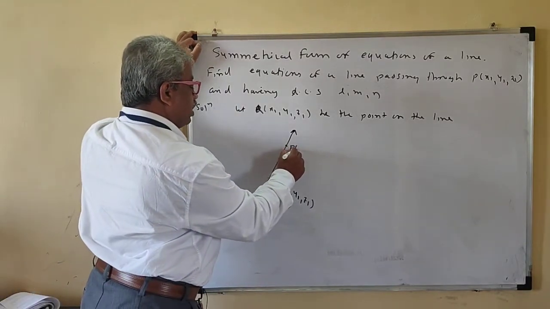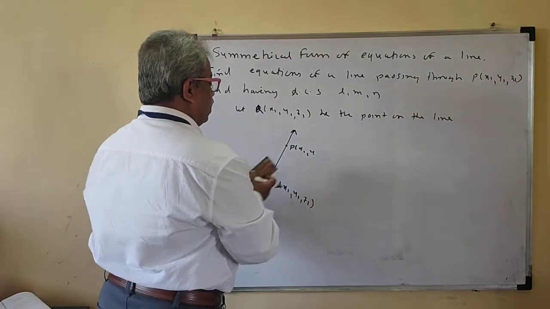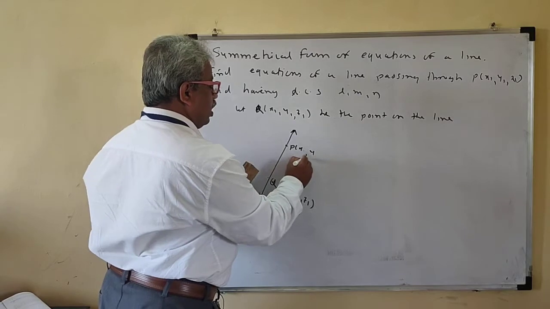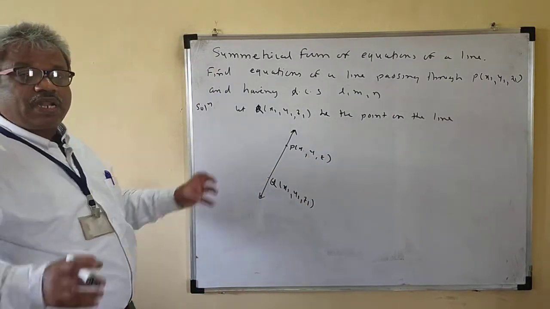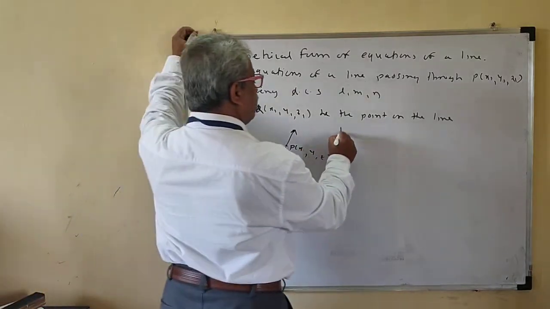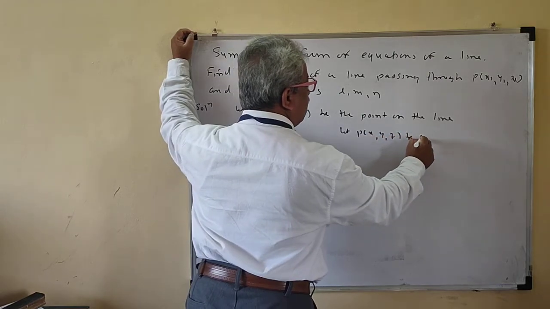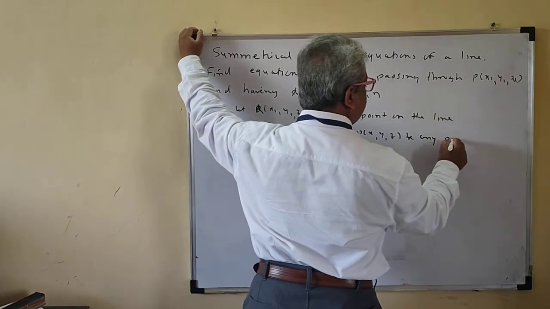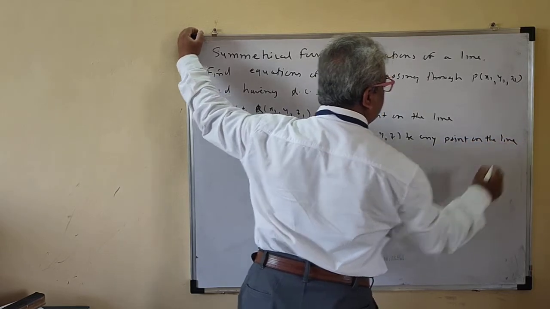So let P(x, y, z) be any point on the line, and we have to apply some geometrical condition on P to obtain the equations of the line.